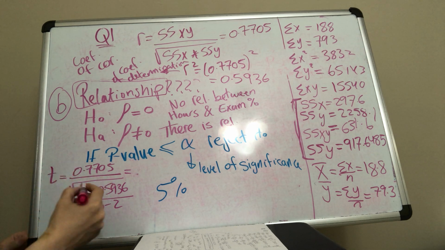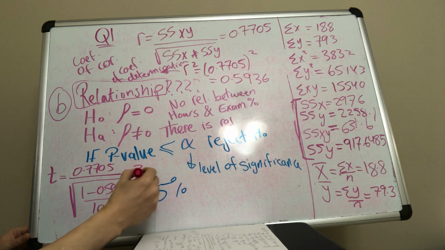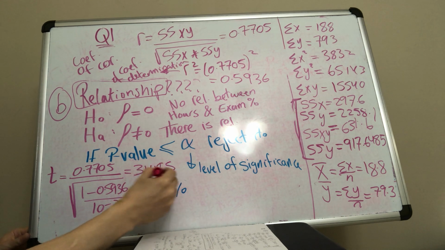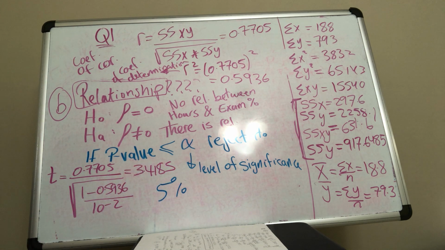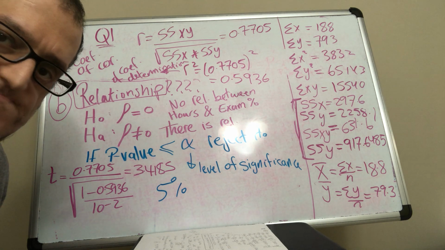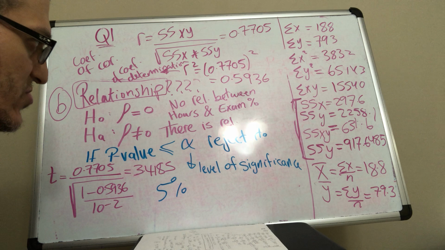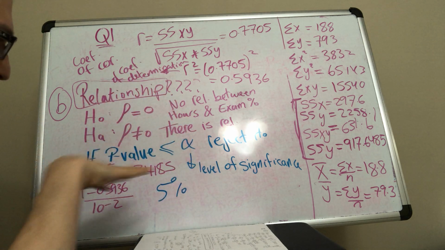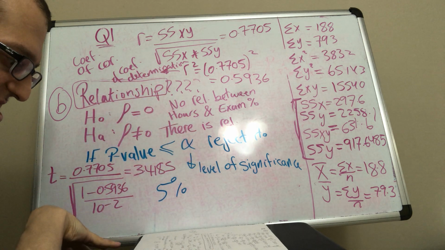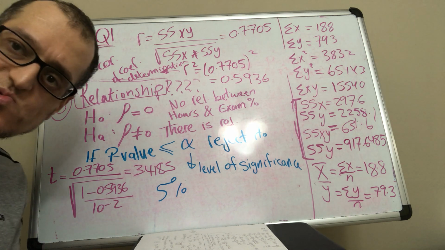And when you put everything together, this gives you 3.4185. Okay, I'm gonna stop. This will be part 1. When we come back, I'll talk about this again from the start quickly.